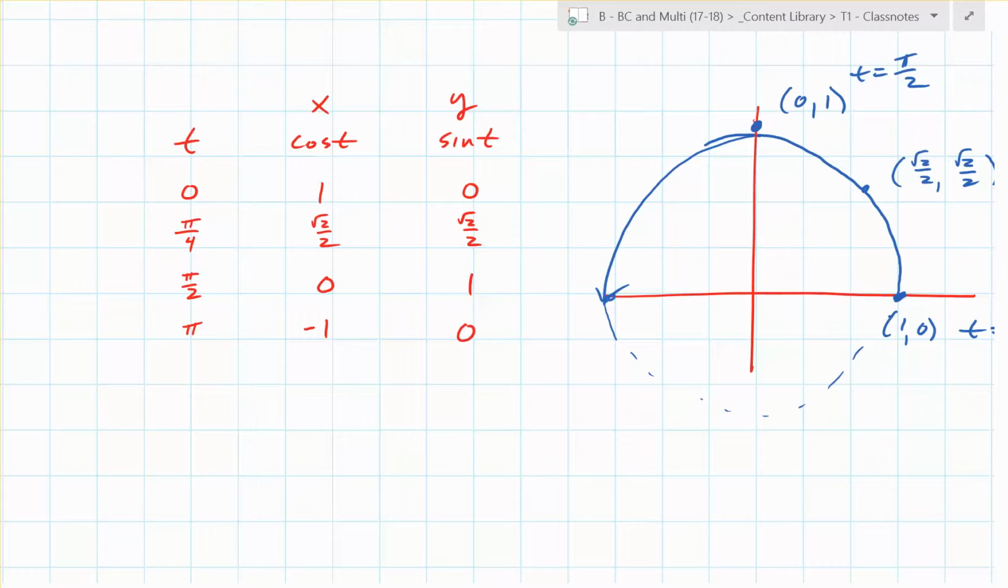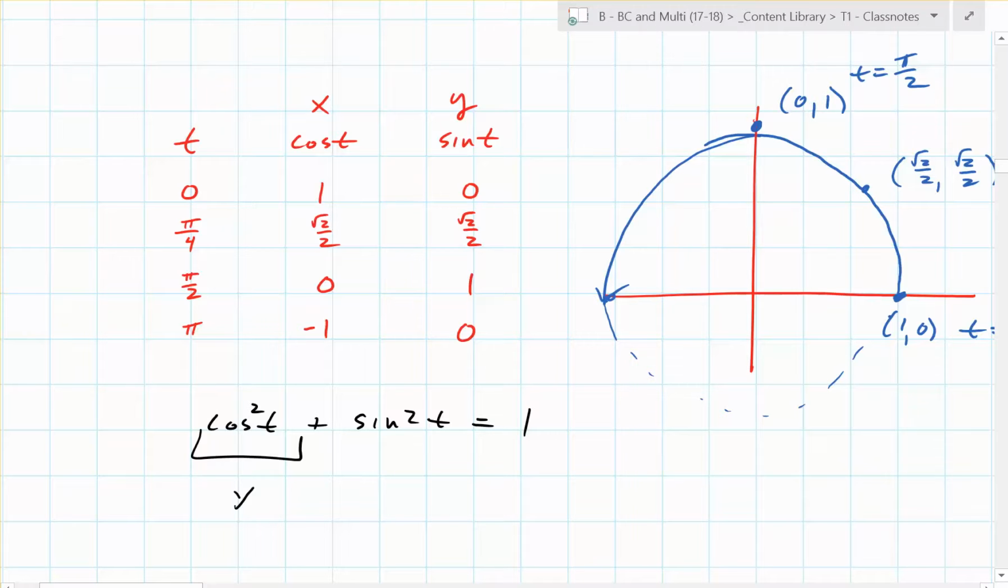So here's the thing. We can turn a Cartesian function into a parametric equation, and we can take a parametric equation and turn it into a Cartesian one. So how would you know that this is actually the unit circle? Well, in this case, cosine squared t plus sine squared t is going to be equal to 1, right?